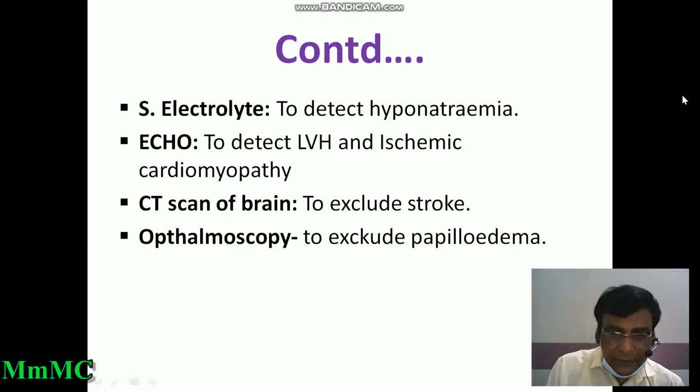Serum electrolytes to detect hyponatremia, and echocardiogram to detect LVH and ischemic cardiomyopathy, CT scan of brain to exclude stroke, and ophthalmoscopy to exclude papilledema. So this is the investigation for this patient.